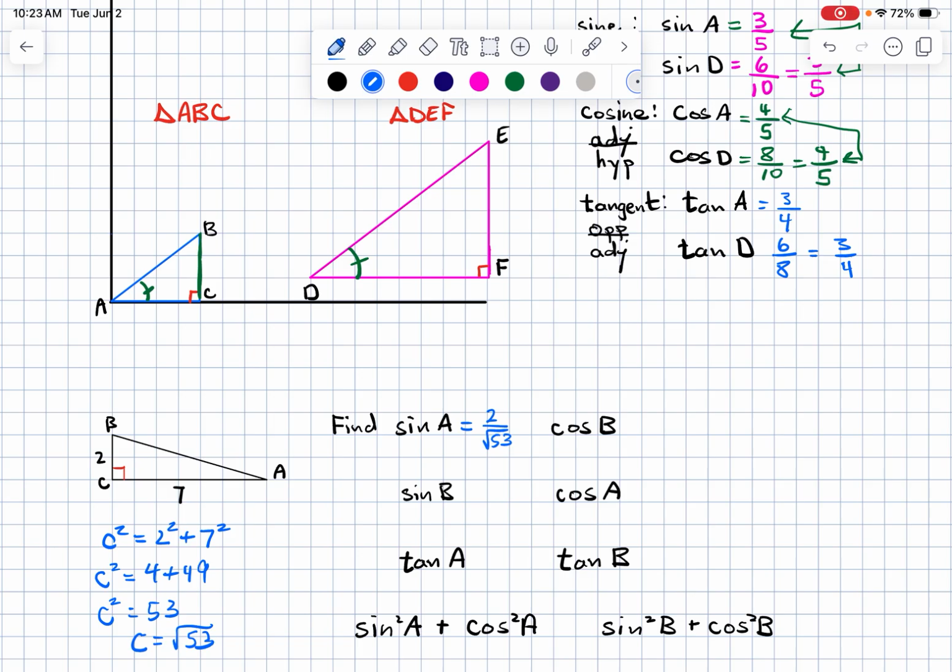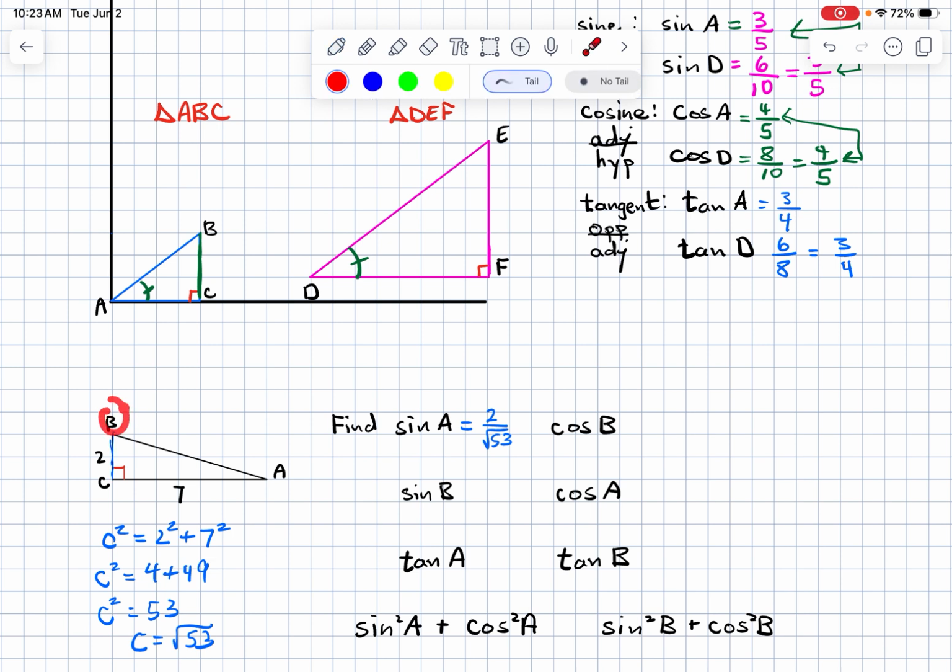Okay. Now let's look at the cosine of B. Now B is the angle we're dealing with now. The adjacent over hypotenuse. So this is 2 over the square root of 53. Well, that's interesting.